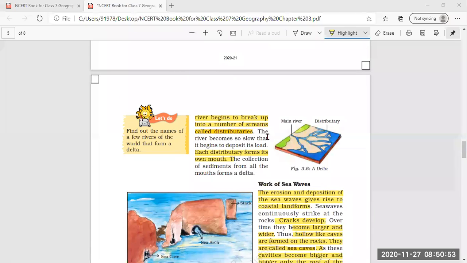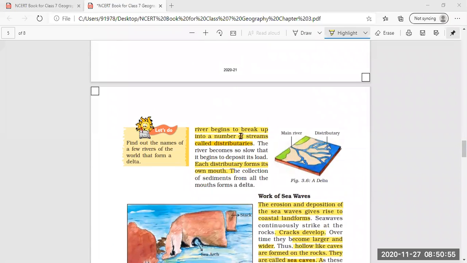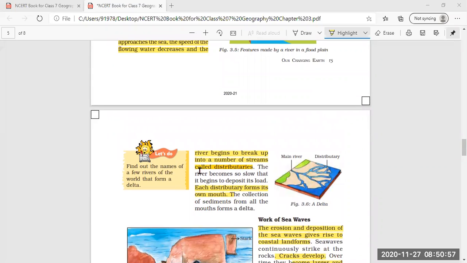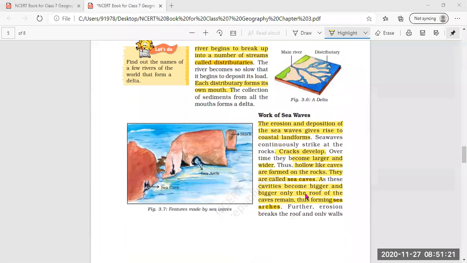Further, we have seen what a distributary is: when the speed of the river slows down, it is broken into a number of streams known as distributaries, and each distributary forms its own mouth, and then it is called a delta. When sediments collect there, it is called a delta.